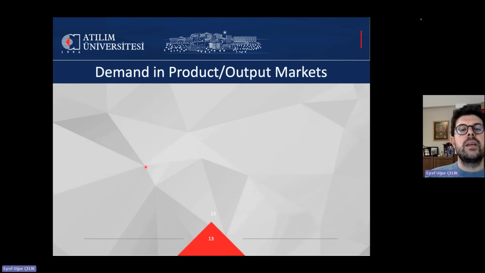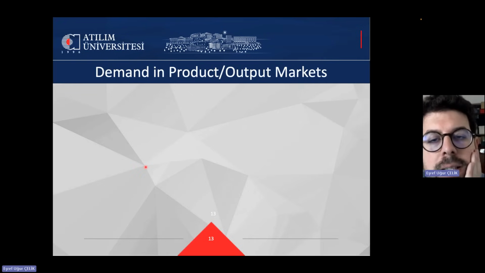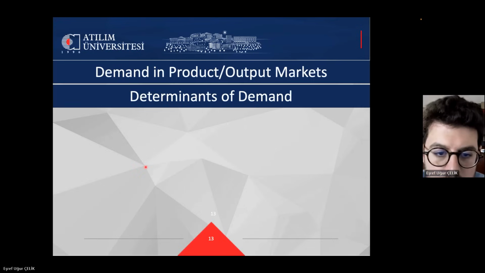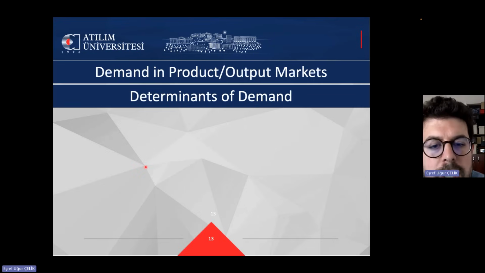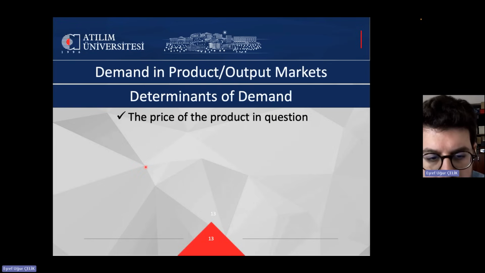Okay, then we come to the demand and supply part. The demand and supply part gives an opportunity to understand how we can determine the equilibrium price and equilibrium quantity in the market. Let's start with the determinants of demand.